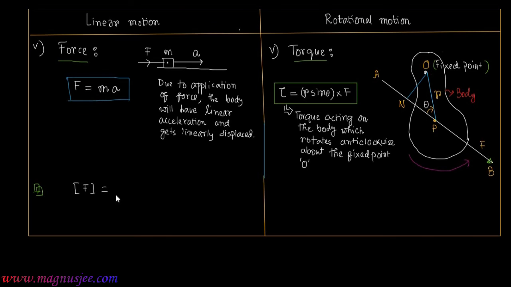Dimension of force F is equal to M L T to the power minus 2, which is the dimension of force, and on the right hand side we can find the dimension of torque tau.